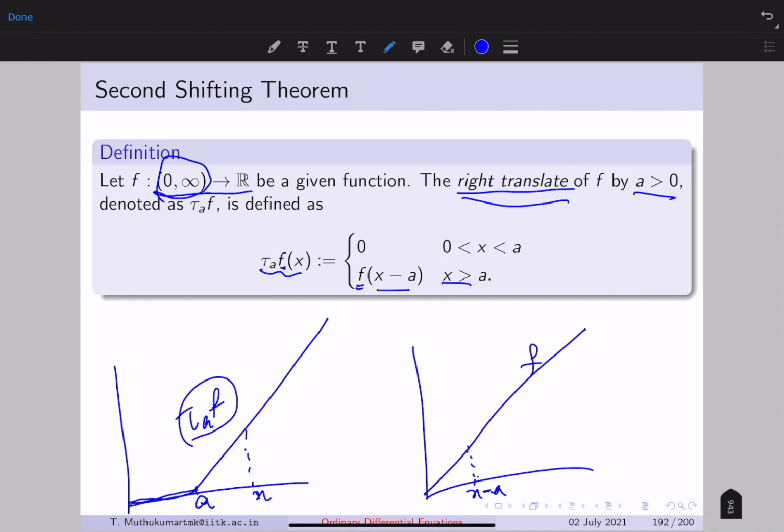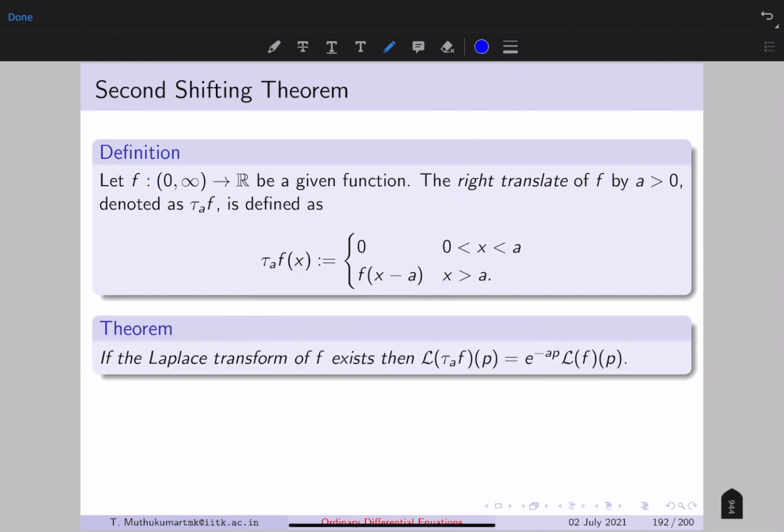So using this, we are going to now state the theorem next. That is, if the Laplace transform of f exists, then the Laplace transform of that right translate is nothing but this exponential multiplied to the Laplace transform of f. More or less, you can think of the second shifting theorem as the kind of statement opposite to the first shifting theorem, right?